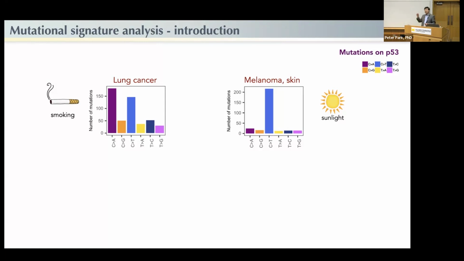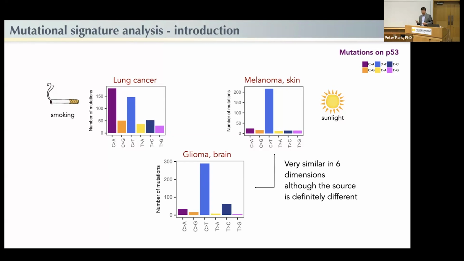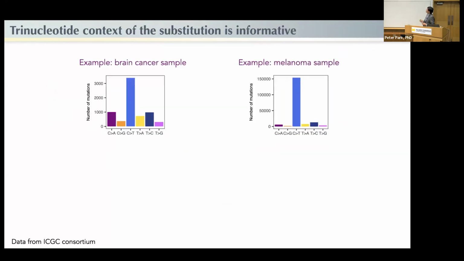So the fact that different cancer types show different patterns of substitution is important, but it turns out that the context, the neighboring base pairs, are also important. Here, melanoma and glioma have the same C to T dominant mutation pattern, but you can actually look at the neighboring base pairs.